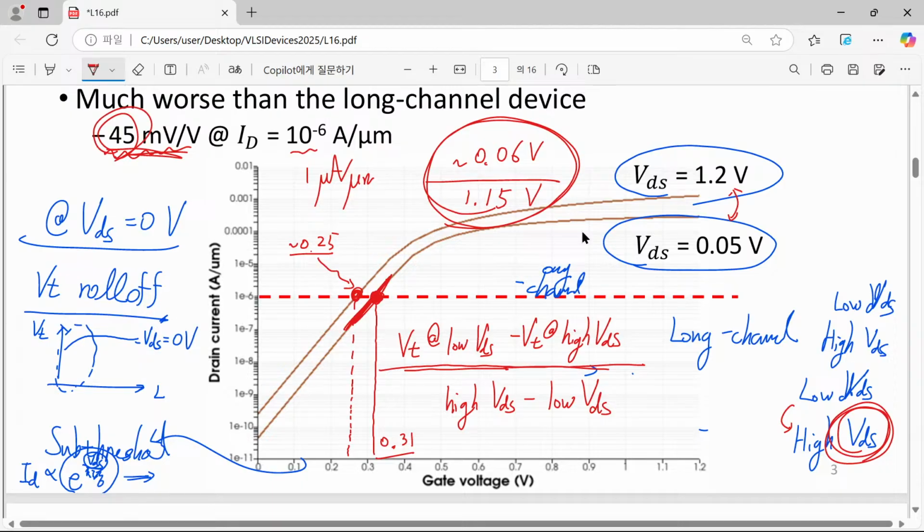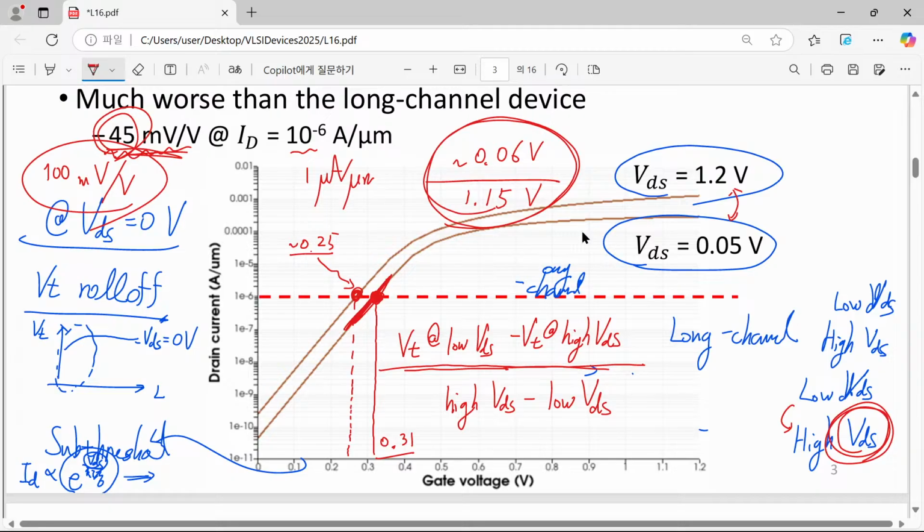So 45 millivolt per volt is quite an acceptable value for our technology. Typically speaking, the worst value we cannot endure any further is around 100 millivolt per volt. That is regarded as a very bad value.